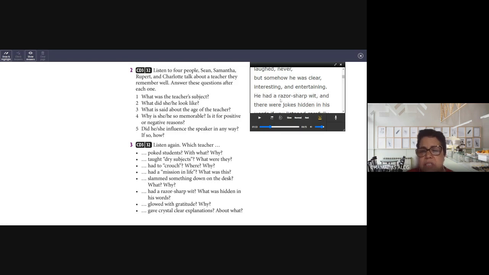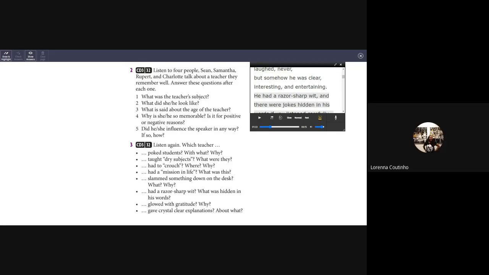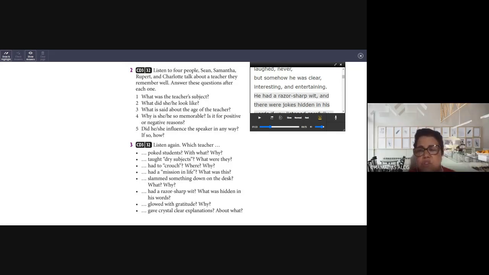This is important. What is to have a razor sharp wit? Do you understand this? No, could you explain? Yes, to have a razor sharp wit is to have a kind of intelligence that is really right to the moment.